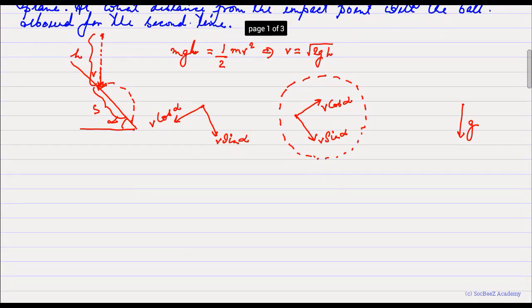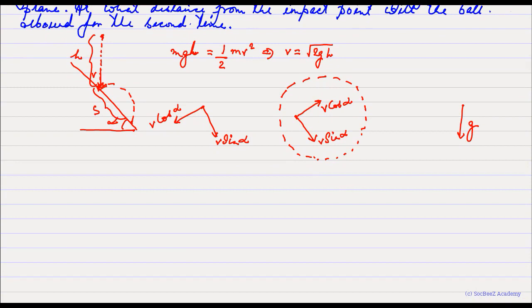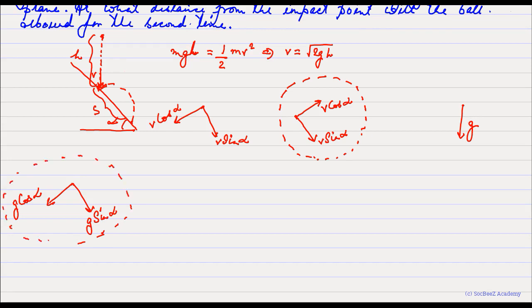So if I divide the gravity into 2 components, the perpendicular component is going to be g cos of alpha, and the parallel component is going to be g sin of alpha. Now these 2 things are worth considering while we solve the problem.